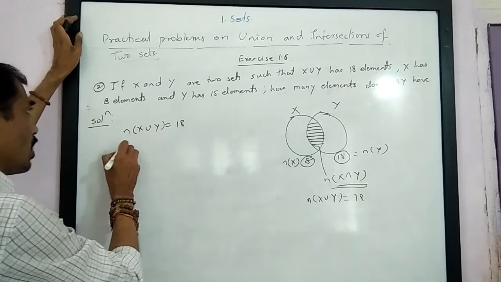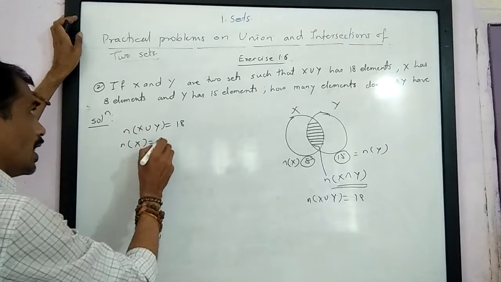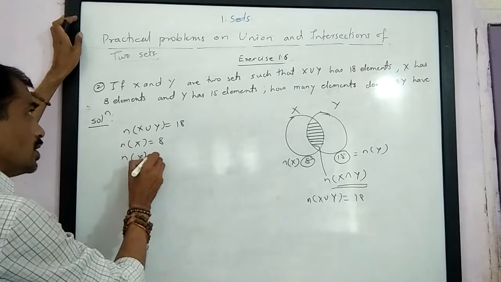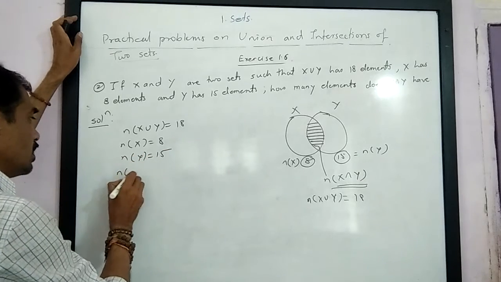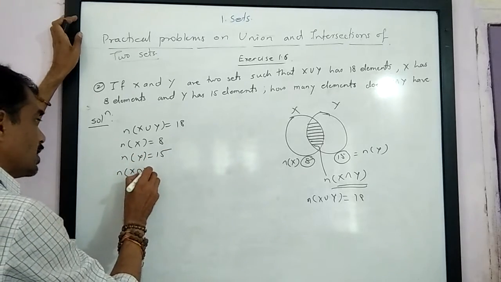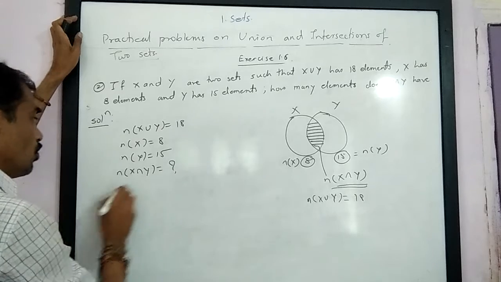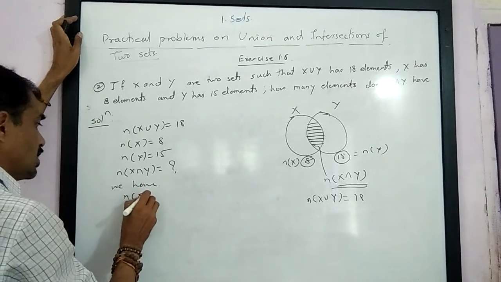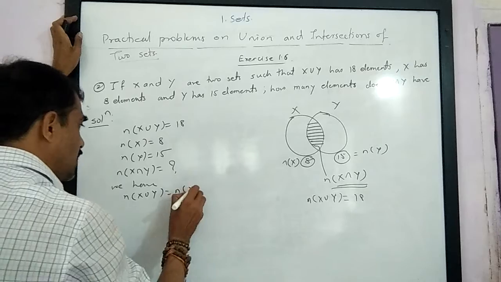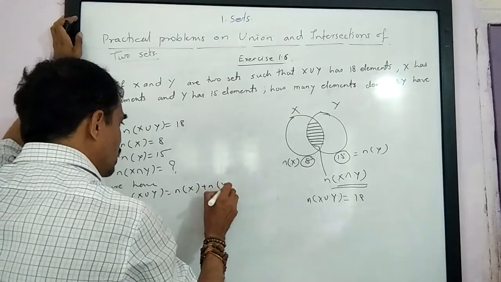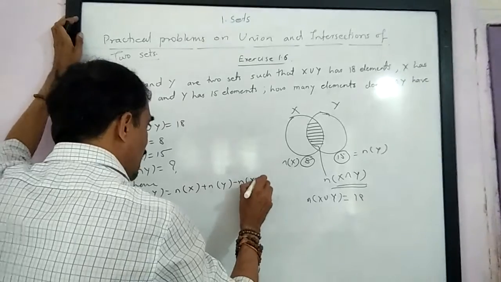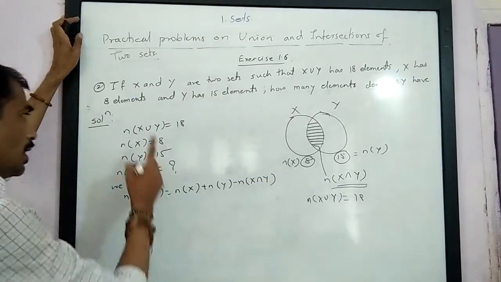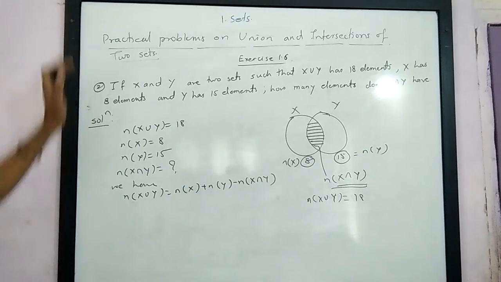The number of elements in x intersection y is asked. So we have the identity: the number of elements in x union y is equal to the number of elements in x plus the number of elements in y minus the number of elements in x intersection y.